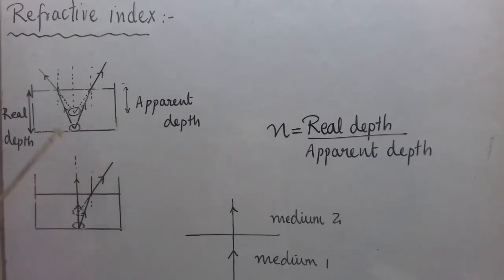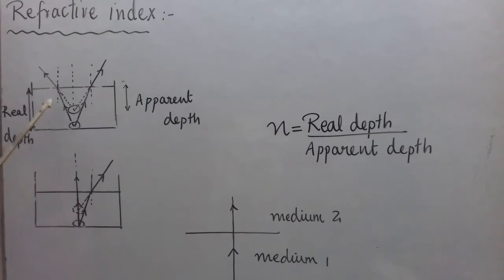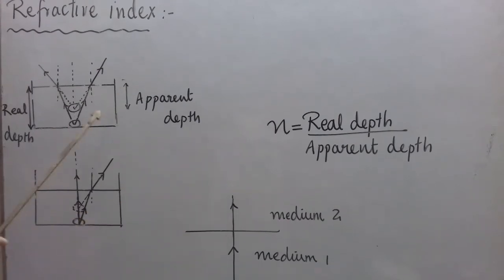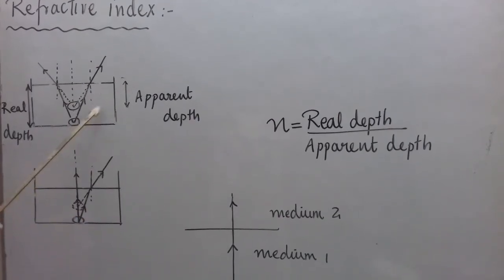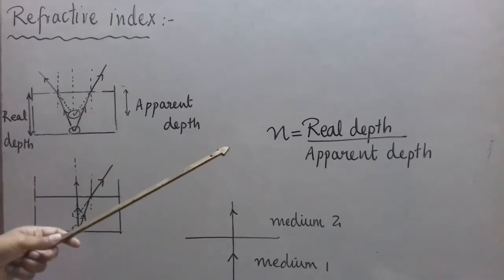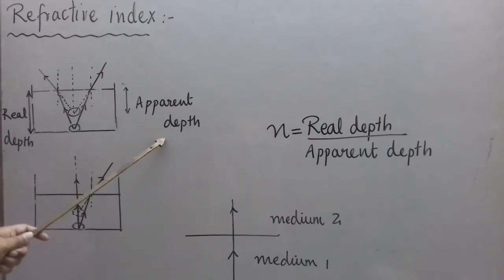Now we know the cause of this case is refraction. So I can write one more expression for the refractive index of this medium, water. That is, absolute refractive index of this medium is equal to real depth divided by apparent depth.